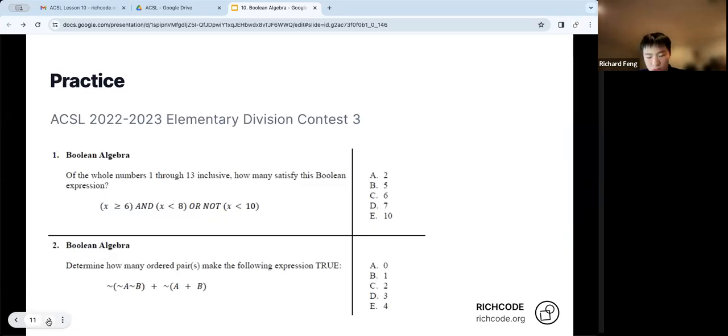Now let's do some practice problems. And you will use a lot of these identities. So the first question I want you to try on your own, this is like a warm-up question. It's not that hard.